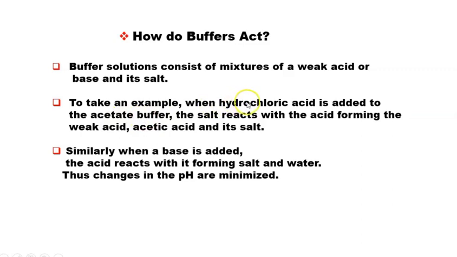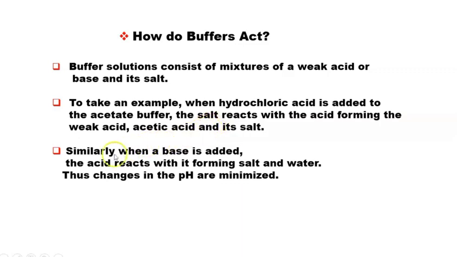What will happen? The salt will react and form the weak acid, acetic acid, and its salt. So acid and salt are still in the system, which means there is no neutralization, meaning the buffering capacity has worked.